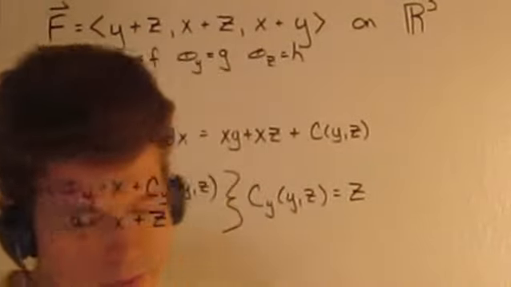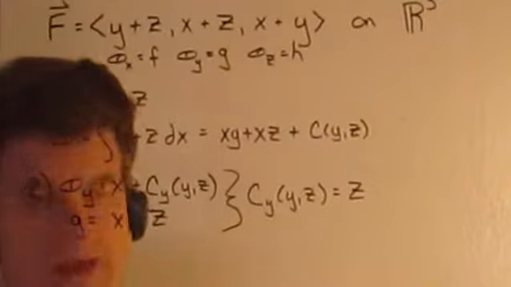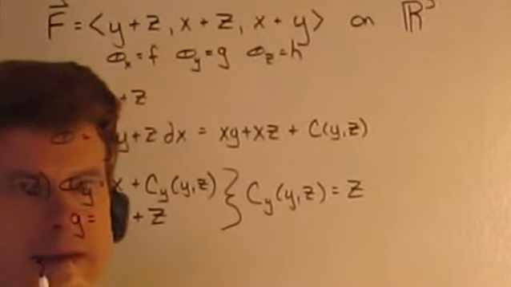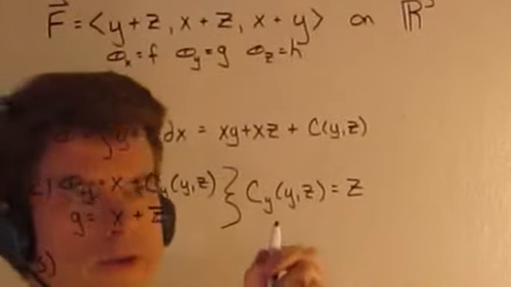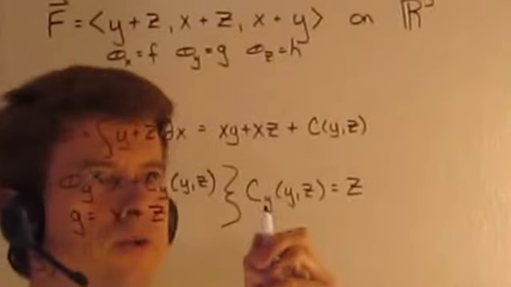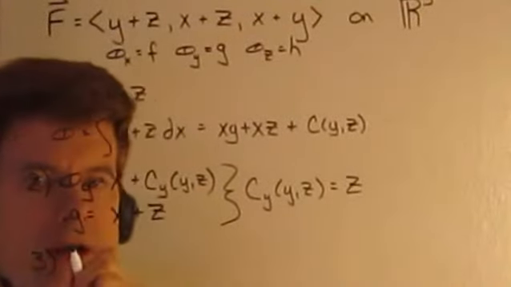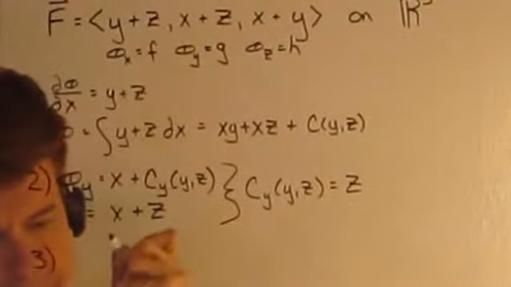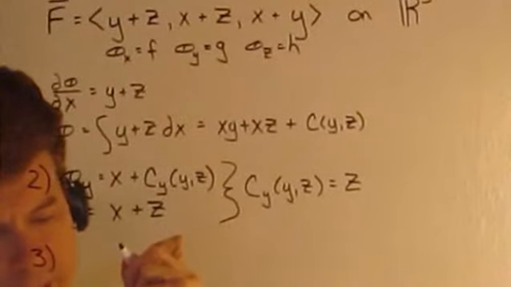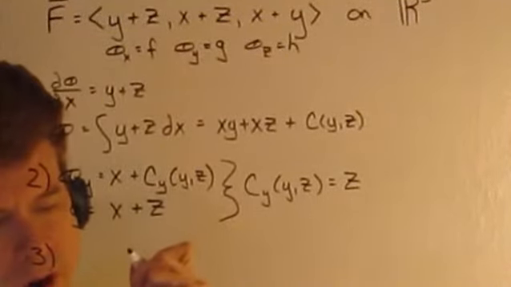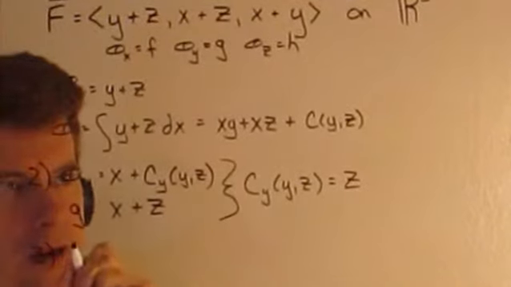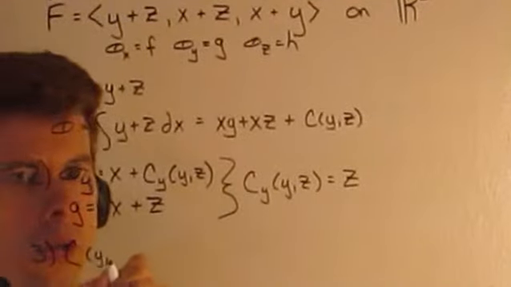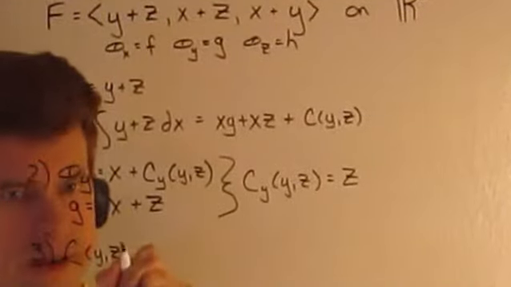So our step 3 now is going to be integrating. Of course, we just did a derivative, so it's time to integrate. We do an integration this time with respect to y in order to calculate c(y,z).